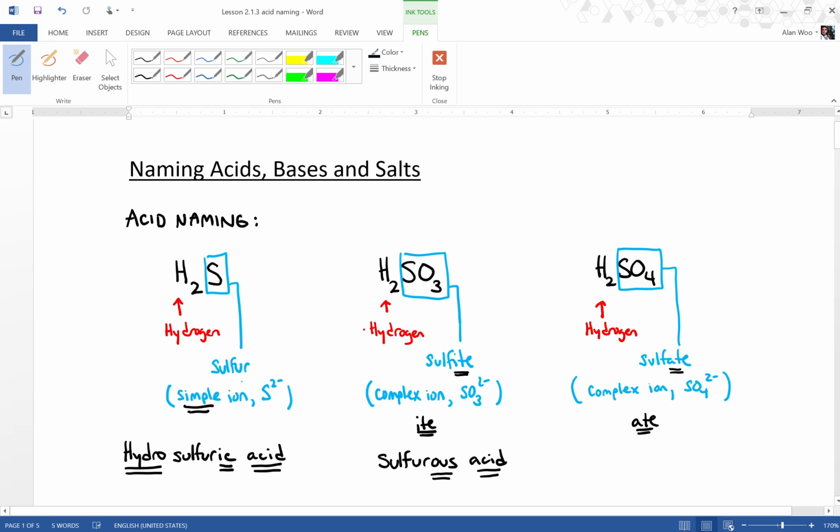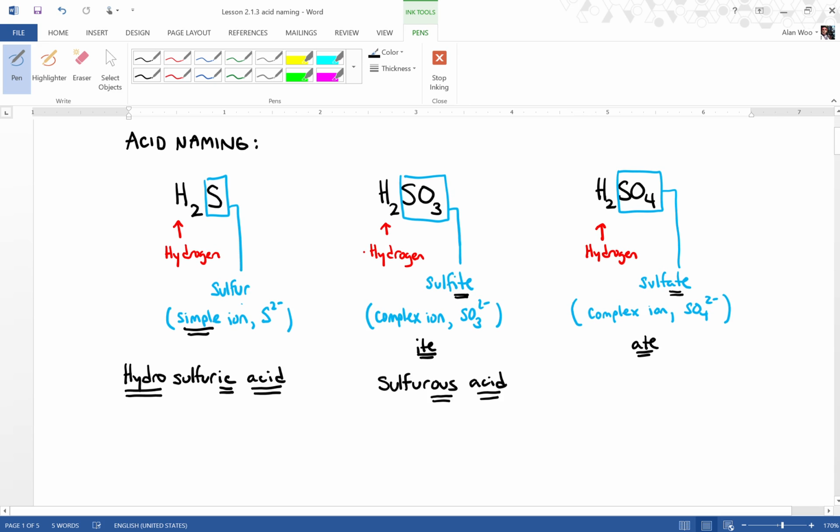For H2SO4, again, you have sulfur as a root name, but it's going to be sulfuric acid. So it ends with an ic acid. So ITE gives you an OUS ending.